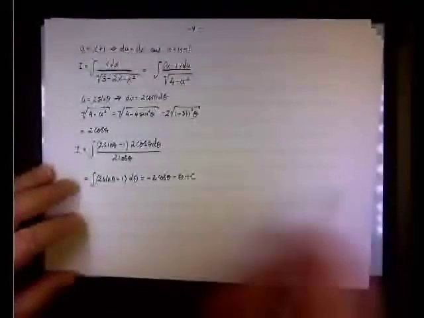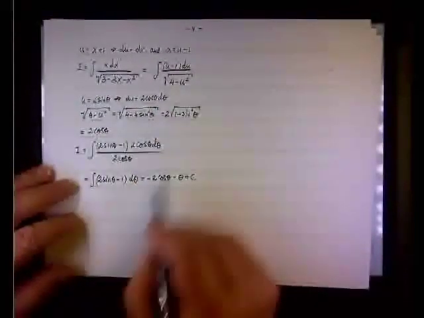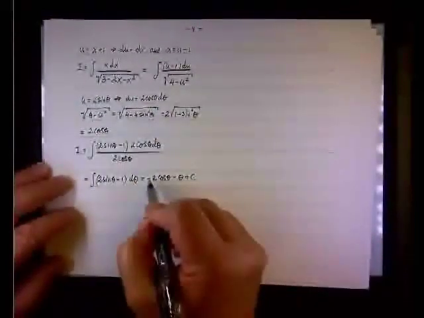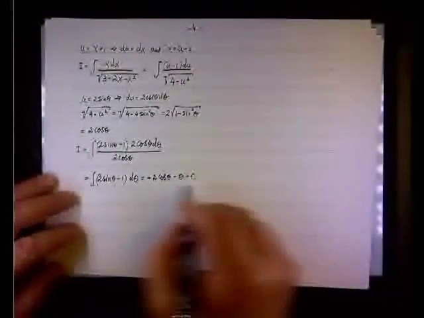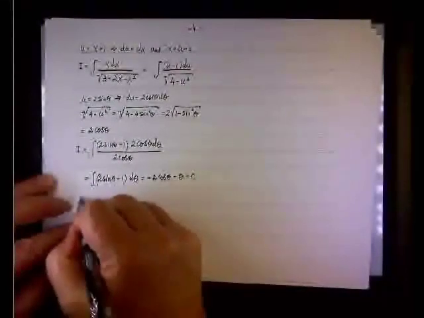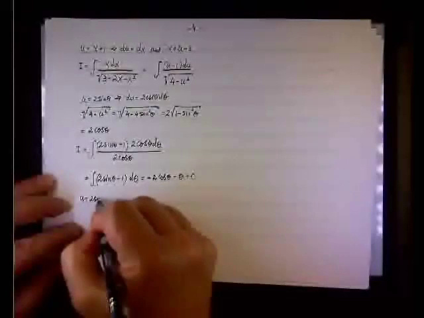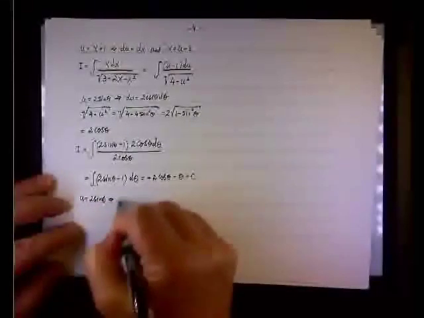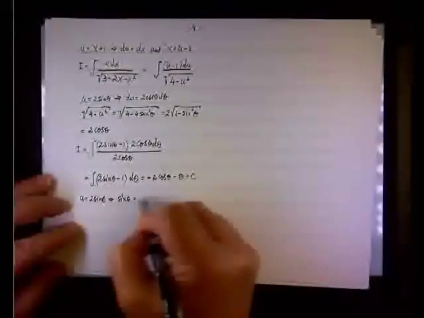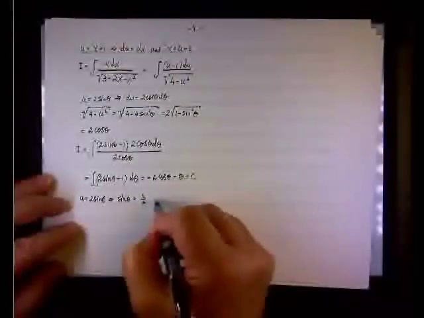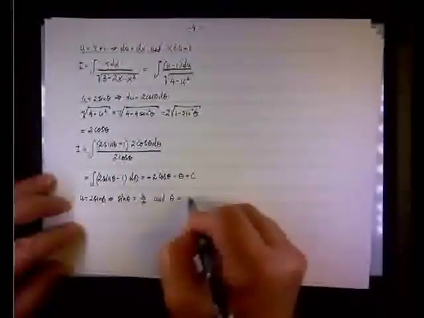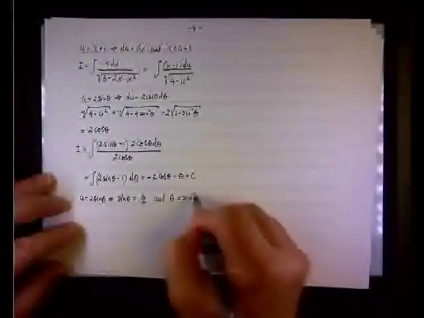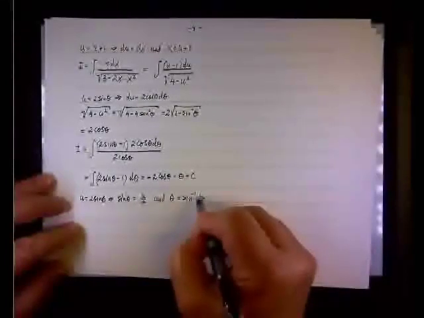Well, u is 2 sine theta, so let's see how we get cosine theta. We know that, first of all, since u equals 2 sine theta, then sine theta equals u over 2, and theta equals the inverse sine of u over 2.